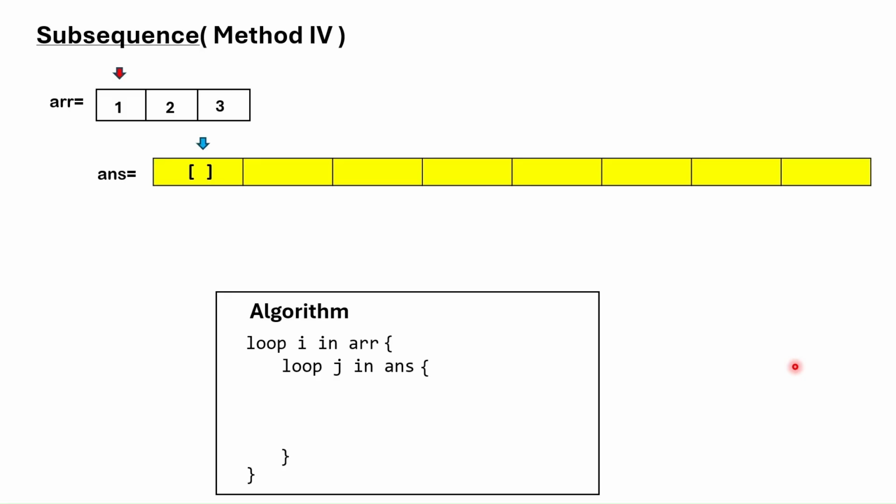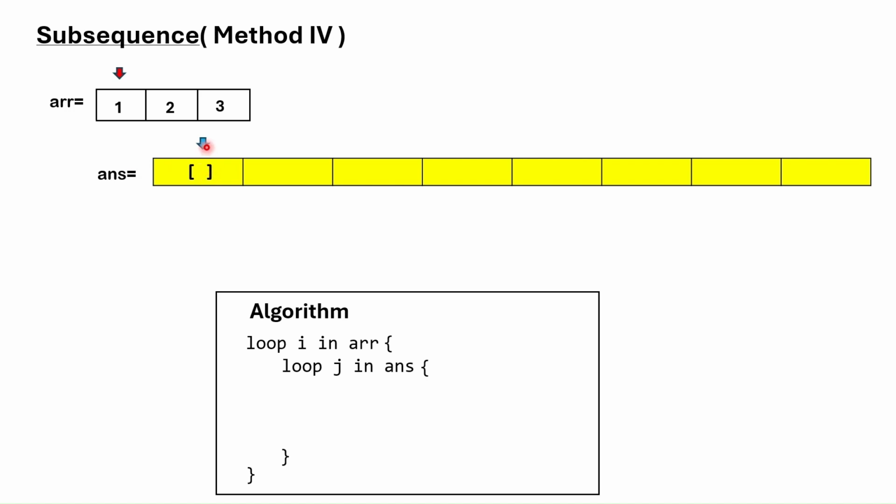So let us now look at the fourth method for printing the subsequences. In this method, we are going to use nested loops. The outer loop will run on my array and my inner loop runs on my answers array. Initially my answers array has only one element, and that is an empty set.